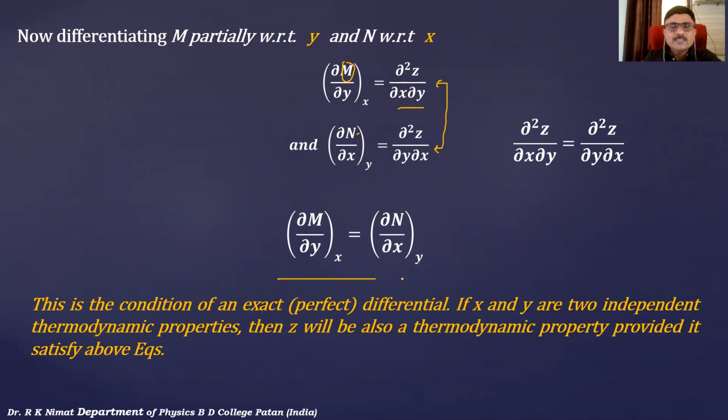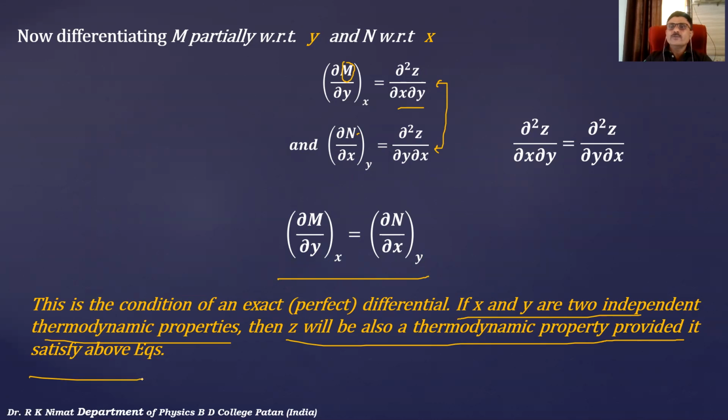So when a differential equation satisfies this condition, that differential equation is called an exact differential equation or perfect differential equation. One should remember that if x and y are two independent thermodynamic properties, then z will also be a thermodynamic property, provided that it satisfies the above equation. So this is a very basic concept of a perfect or exact differential equation.